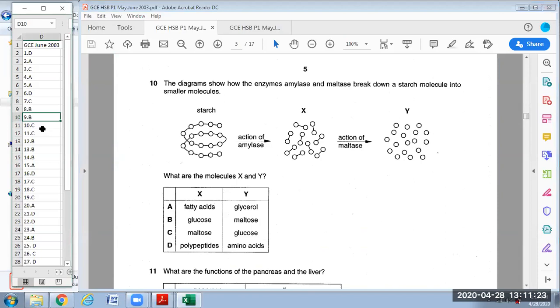The diagrams show how the enzymes amylase and maltase break down starch molecules into smaller molecules. What are the molecules X and Y? C. Maltose and glucose. Right, so starch is broken down into maltose by amylase, and maltose is broken down by maltase into glucose. See? Okay, thanks a lot for volunteering.